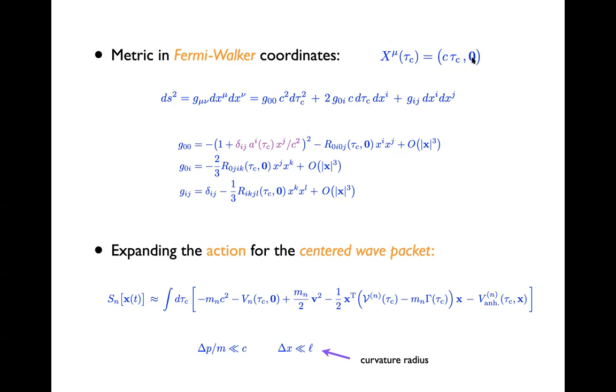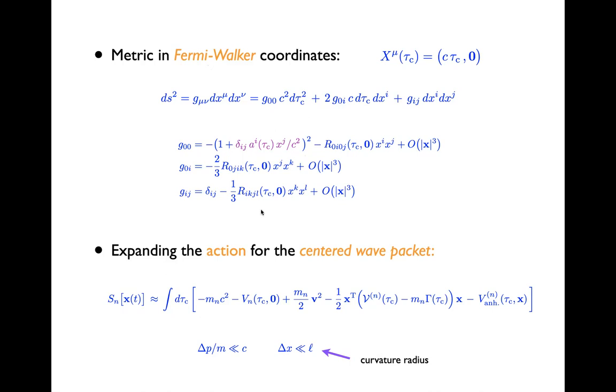It's basically centered at 0, and the time coordinate in that frame coincides with the proper time along the world line. And this can be used for freely falling particles, but even in the case where you have external forces and this world line is no longer a geodesic of space-time and it's accelerated. In that case, you have this extra term here, and then you have these corrections due to the space-time curvature.